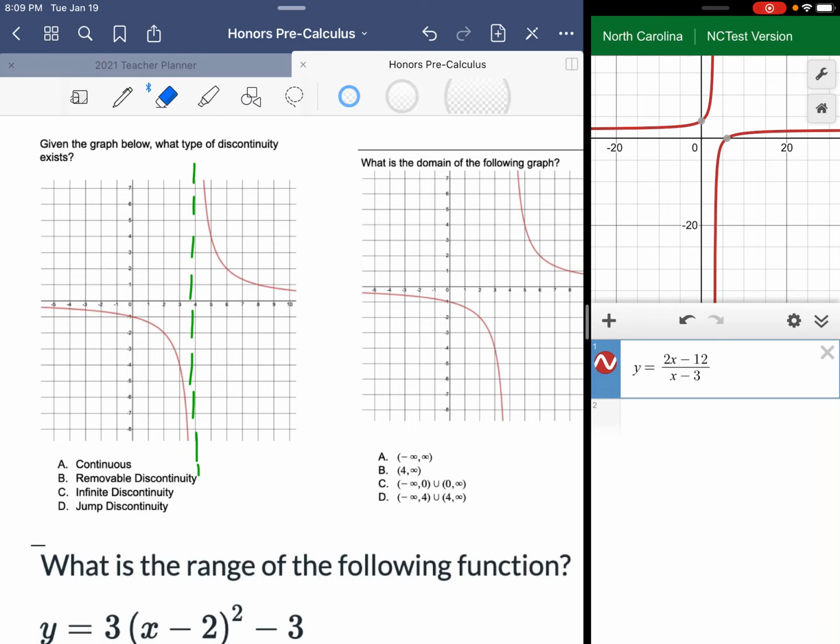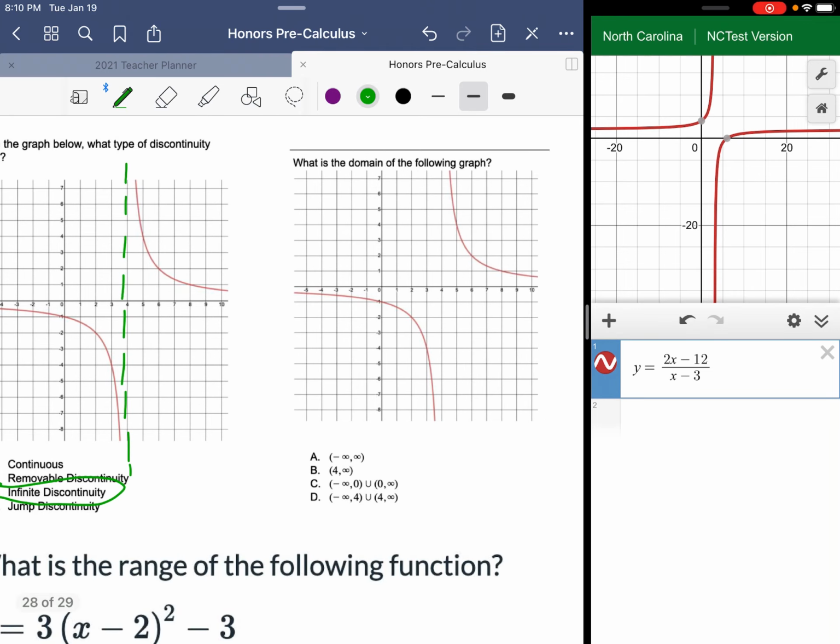Infinite means that I have two sections that are completely separated from each other, and they're going in infinite directions away. And then jump means that I'm going to jump from one point to the other. Whenever you have a vertical asymptote, it's always going to be the infinite discontinuity. Infinite discontinuity is always going to be a vertical asymptote.